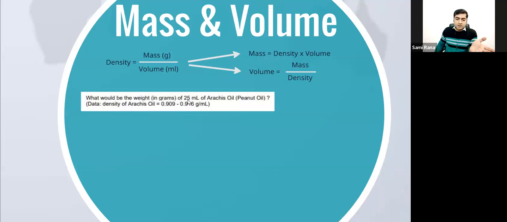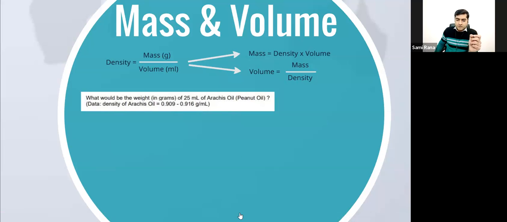The density is given. One thing, if they are giving you a density in a range, you will find a mean value. We will see about that. So this is about what would be the weight, and they are giving us the volume.